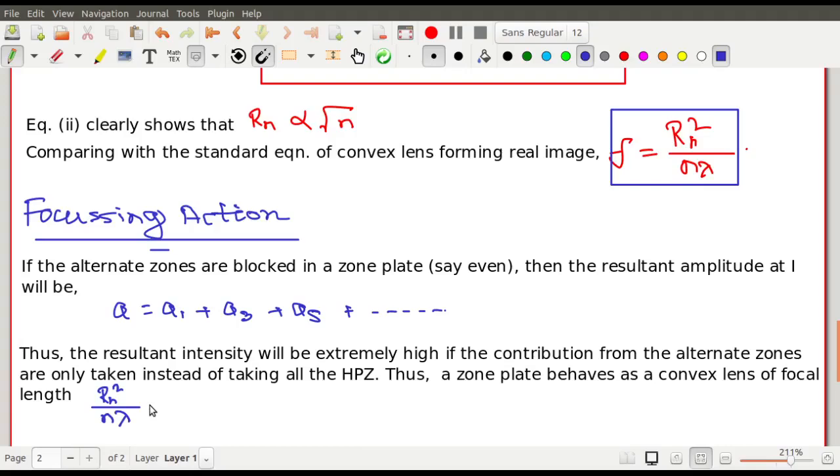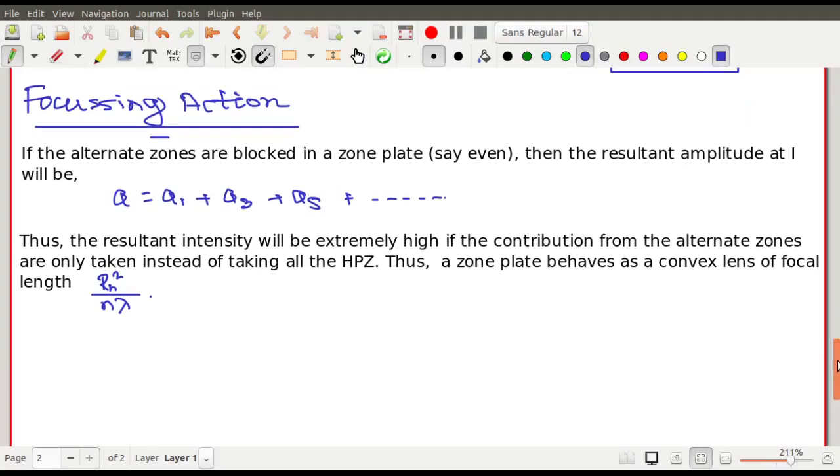So the zone plate behaves as a convex lens whose focal length is given by this particular term, right?